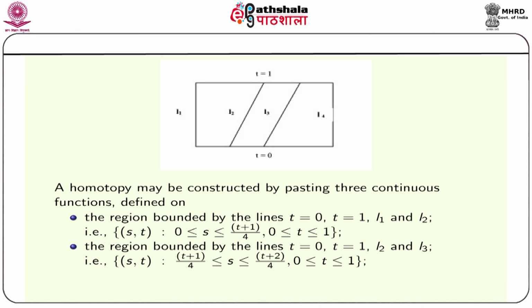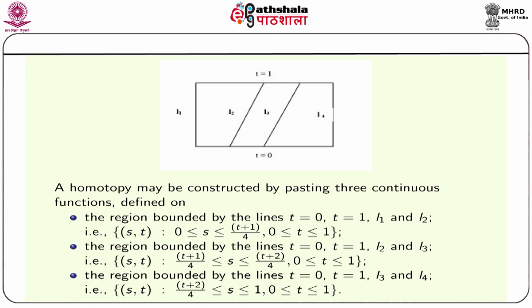In the second region, that is the region bounded by the lines t equal to 0, t equal to 1, L2 and L3, that is the region of all points (s, t) such that (t+1)/4 is less than or equal to s less than or equal to (t+2)/4 and t lies between 0 and 1, in this region the continuous function should be taken as beta.